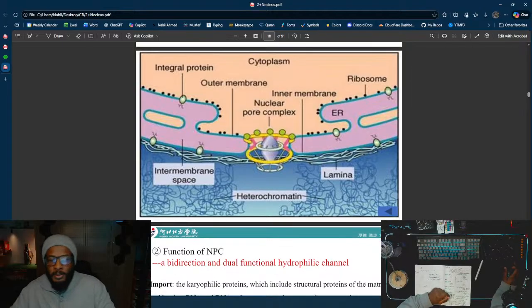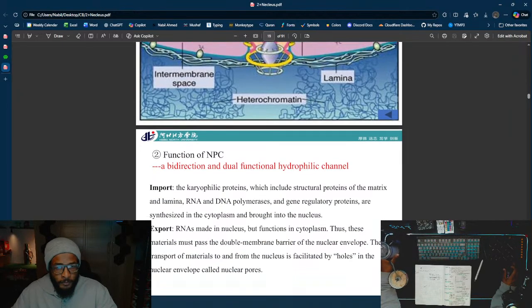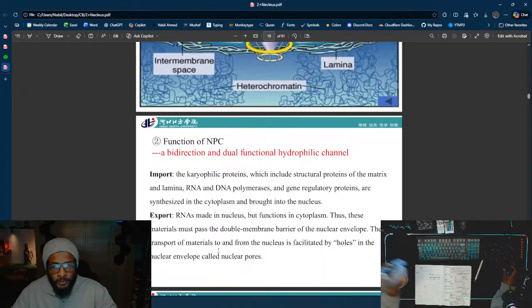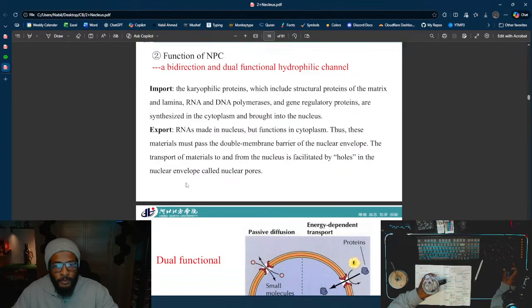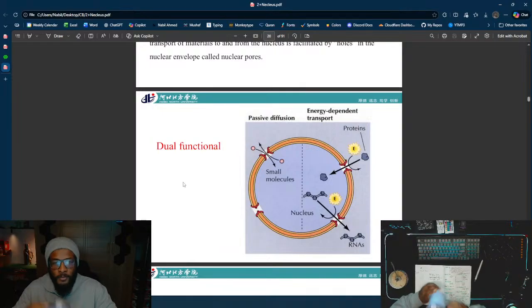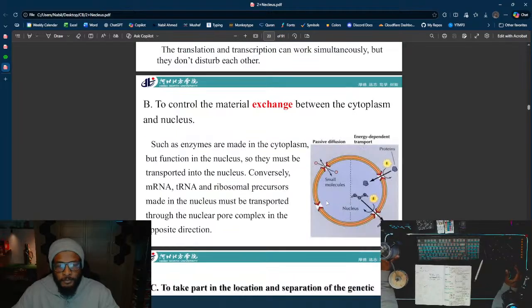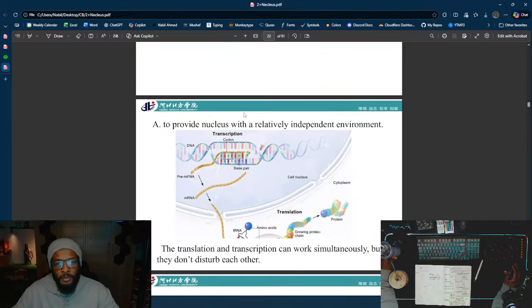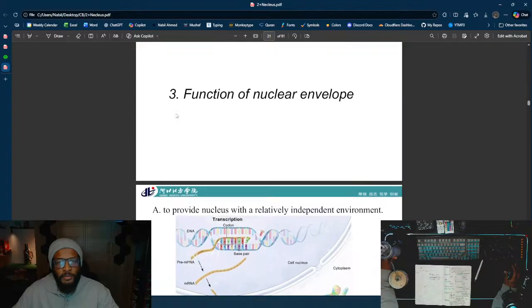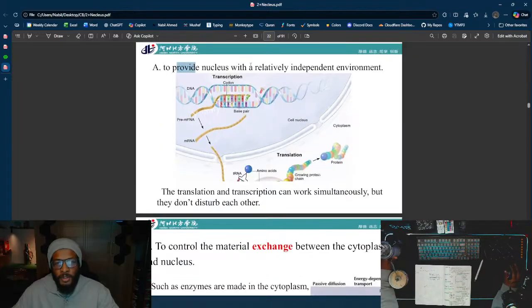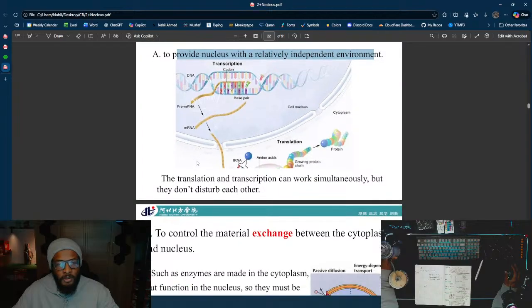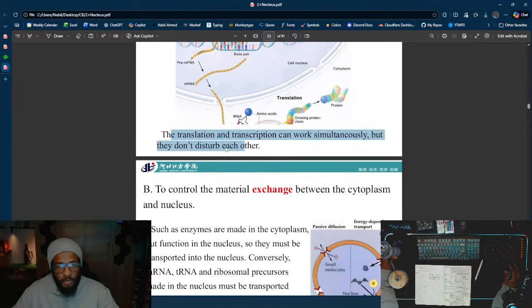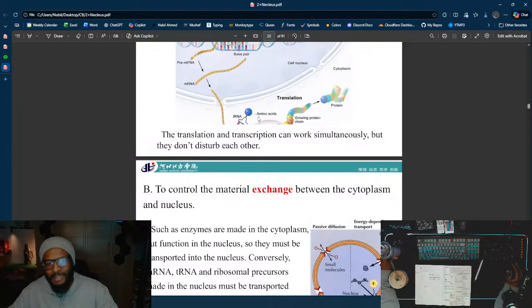So the central plug is also called a transporter, an import carrier protein for RNA. What's the function of the nuclear envelope? A, to provide the nucleus a relatively independent environment, so translation and transcription can work simultaneously.